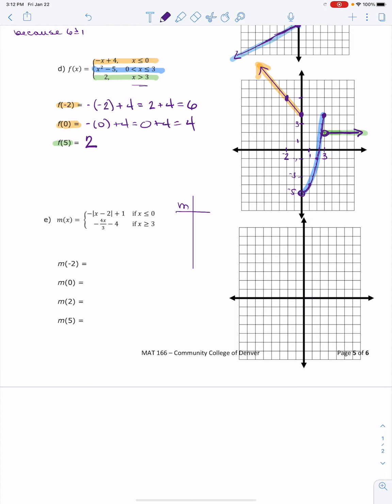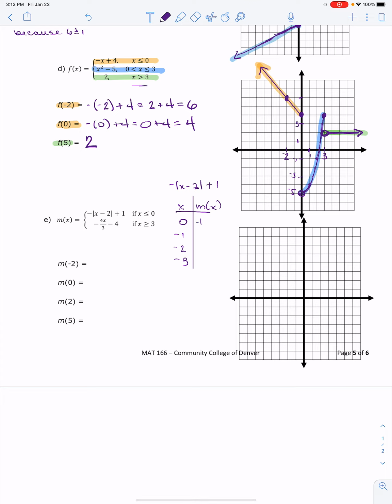So I got x, m of x, and this is going to be this lovely little bit, negative absolute value of x minus 2 plus 1. These are valid for less than 0. Just because I don't want to think too hard, I'm going to plug in 4 numbers.